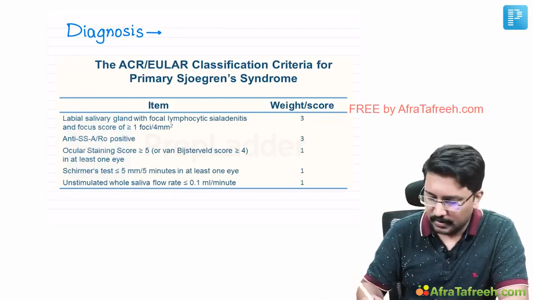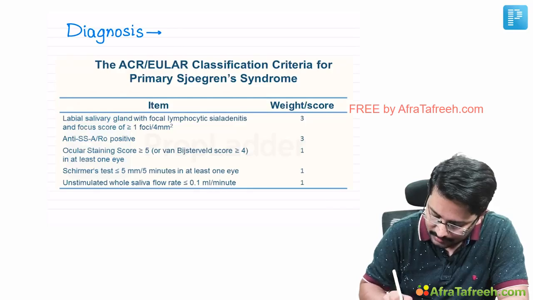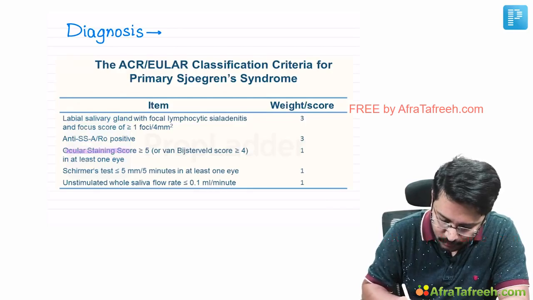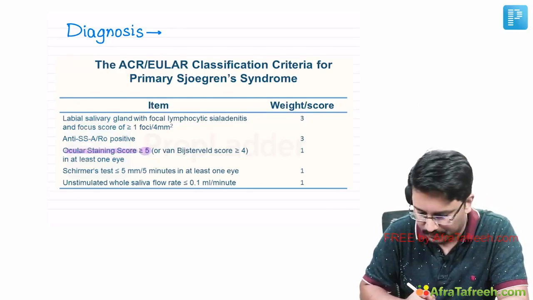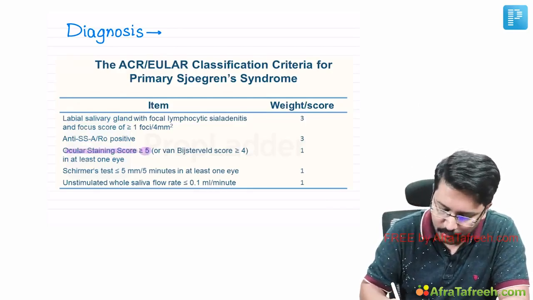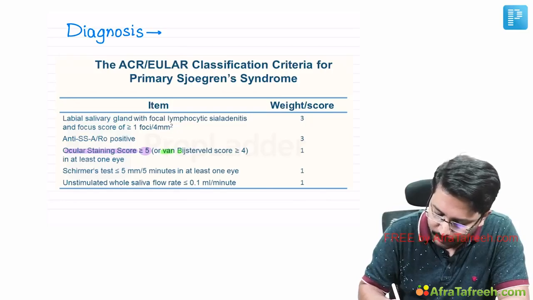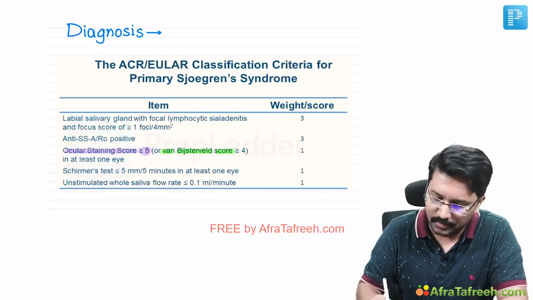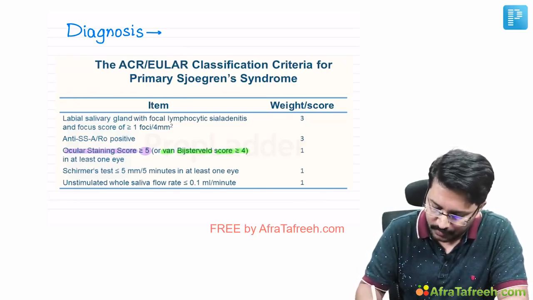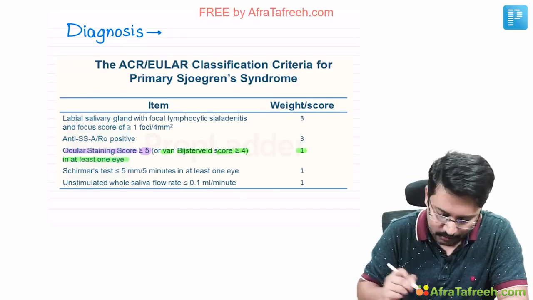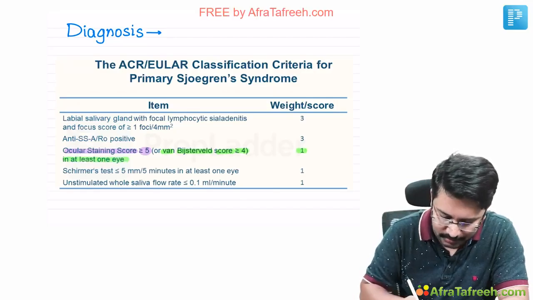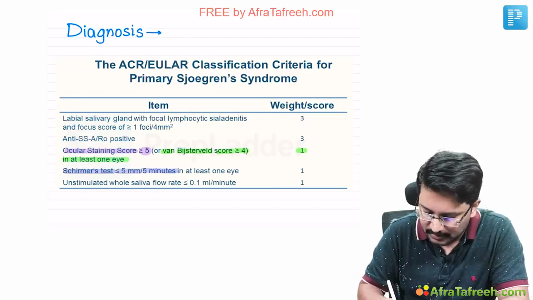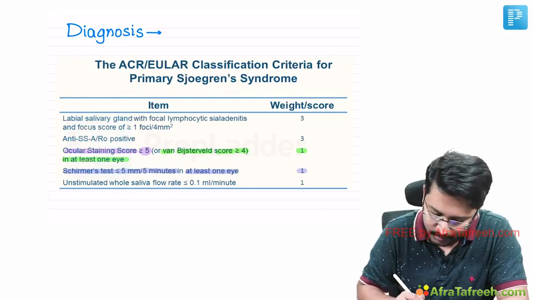They also talk about the involvement of the lacrimal gland, and the criteria followed here is basically an ocular staining score of more than or equal to 5. Or as an alternative to that, you can also follow the Van Bijsterveld score. I don't know if I'm pronouncing it right, but that is what it sounds like. If that score is more than or equal to 4 in at least one eye, the patient gets 1 point. And then we can also rely on Schirmer's test, read at 5 minutes, less than 5 millimeter wetness in at least one eye, the patient gets 1 point.